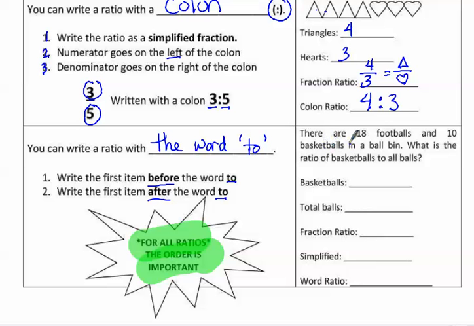For example, there are 18 footballs and 10 basketballs in the ball bin. What is the ratio of basketballs to all of the balls? There are 10 basketballs and a total of 28 balls.